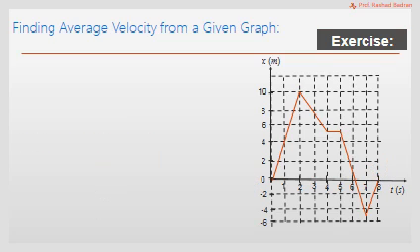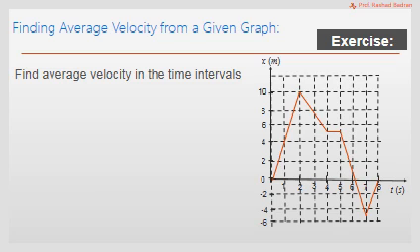For the same plot of position versus time of our previous example, a student is asked to solve this problem at different time intervals. The first from t initial equal 4 to 5 seconds, and the second part is from 5 seconds to 7, and the last one from 7 to 8.